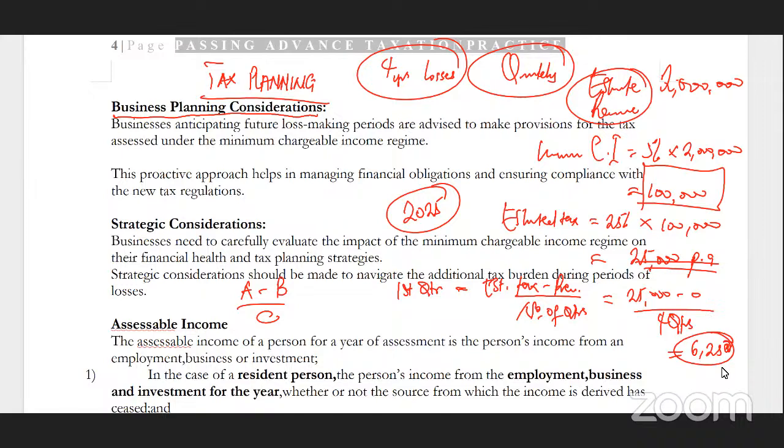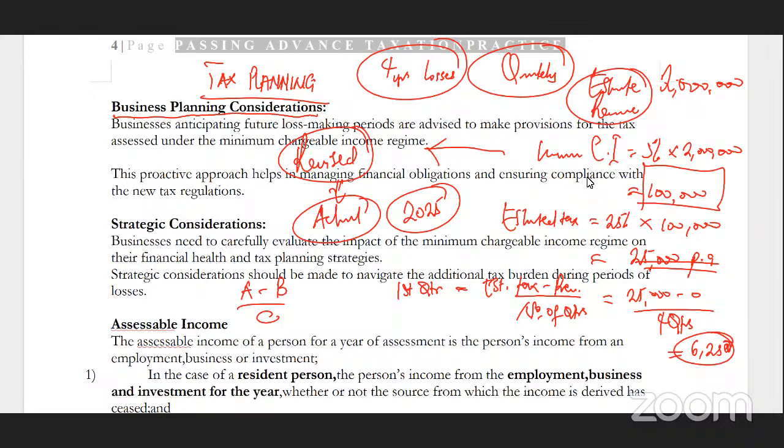So every quarter, this guy is going to be assessed on this 6,250 until it is revised, because anything that is an estimate can change. Let's say you change from a loss-making position to a profit-making position, then you can still revise this, meaning the revised one will now be based on your actual chargeable income computation, and not the estimate, to avoid revenue gaps which may be subject to tax audits.